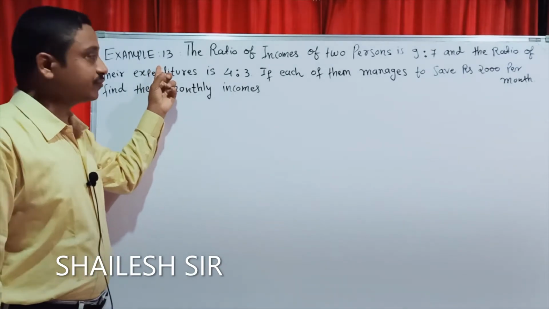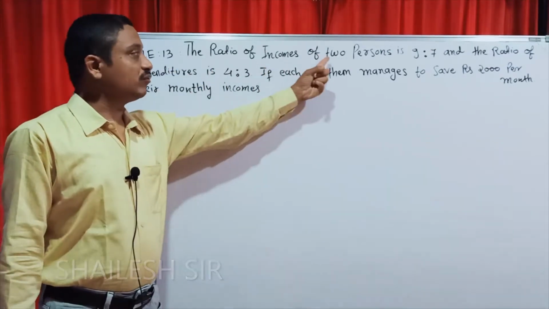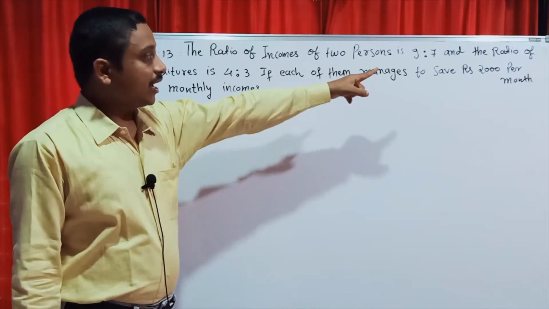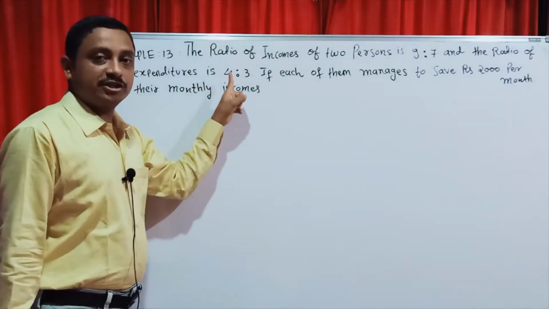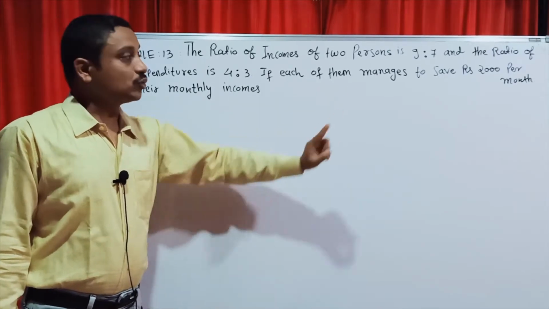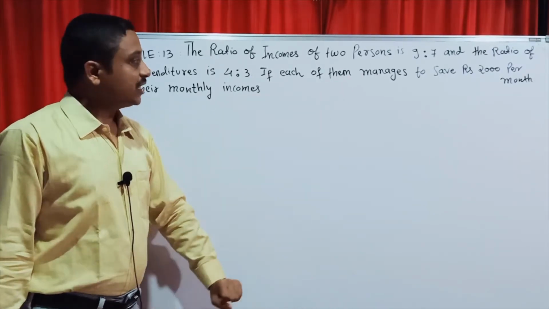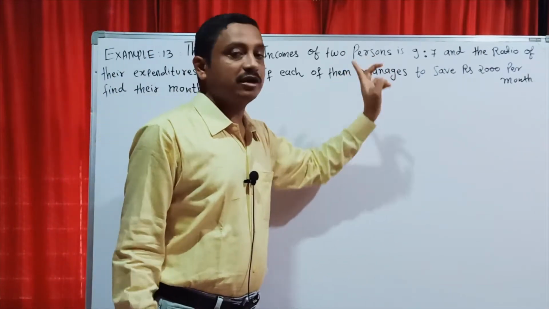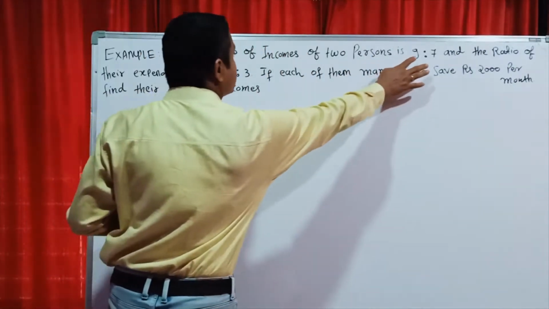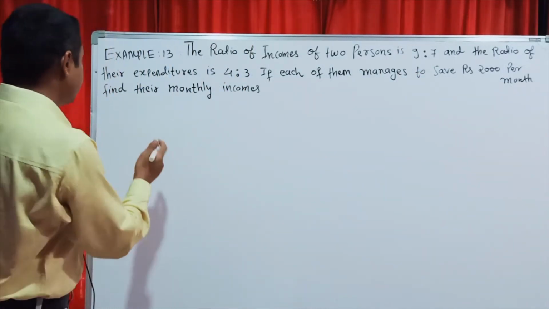Example 13. The ratio of the income of two persons is 9:7 and the ratio of their expenditure is 4:3. If each of them manages to save 2000 rupees. Here two types of values are given. Income is given as 9:7, so I first start.